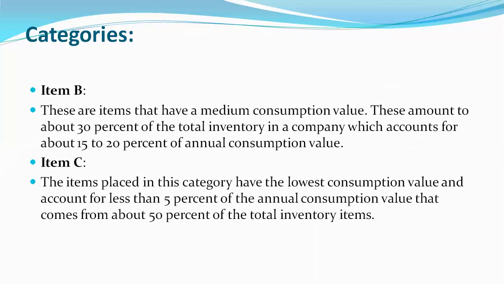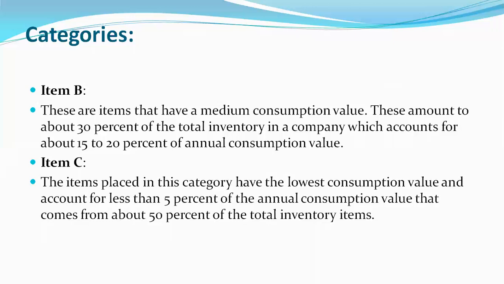Whereas in part C we have very little consumption, 5% of the annual consumption value, which comes from about 50% of total inventory items.